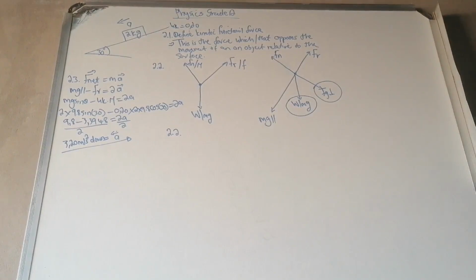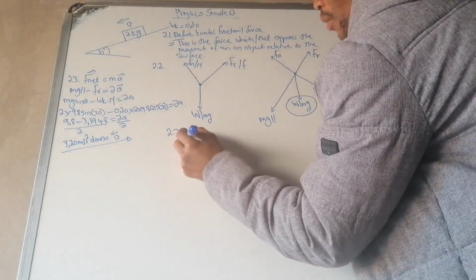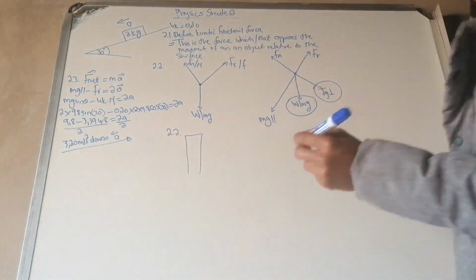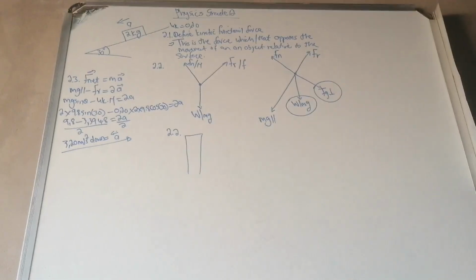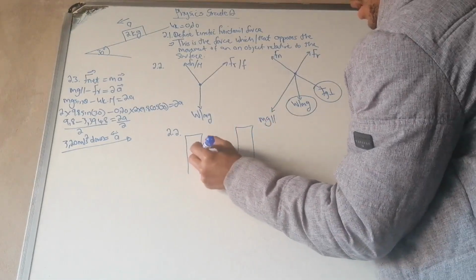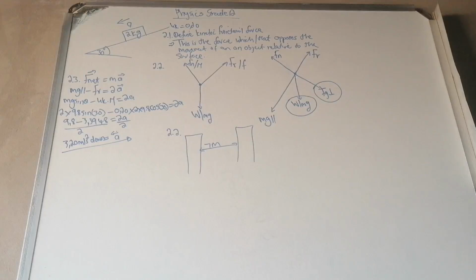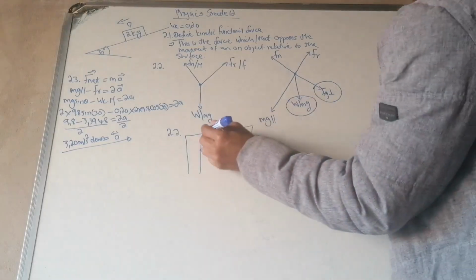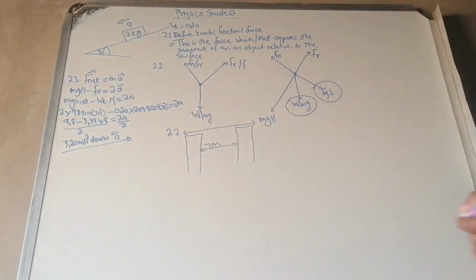So I'm going to try and draw this. So these are the two buildings, and they are separated by some distance. The distance is 7 meters from this to this, and from this to that.